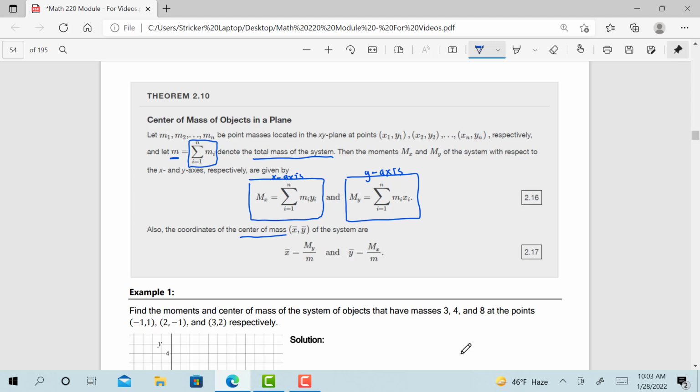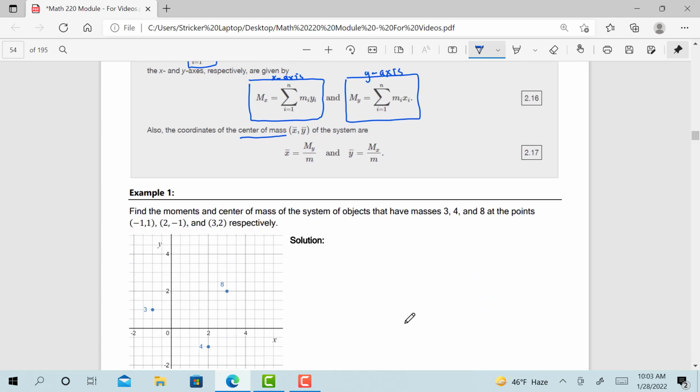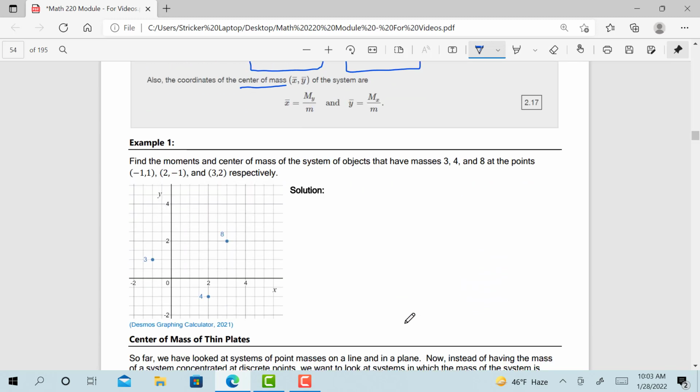Example 1 is a nice simple example of taking these concepts and applying them to a system where we have a bunch of masses at different points. In fact, we have 3 different points and we have masses located at those points.